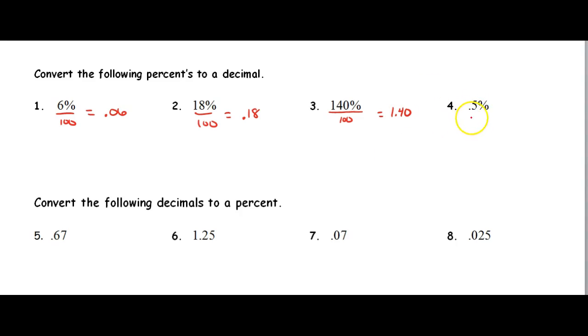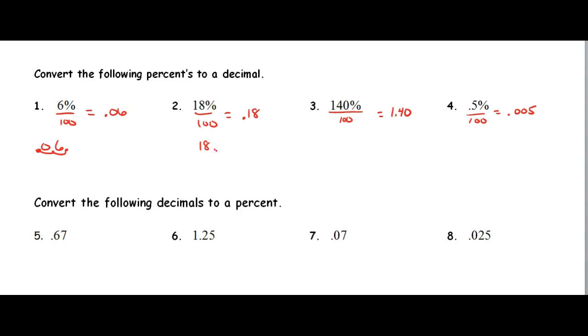Now if you notice here, this is 1/2 of a percent, or 0.5%. When I divide that by 100, I get 0.005. Okay? Now remember, you could also move the decimal 2 places to the left and fill in any missing places with a 0. Right? So 18%.